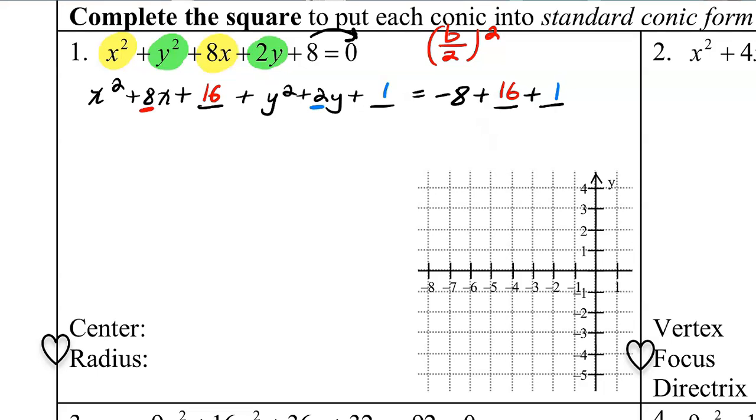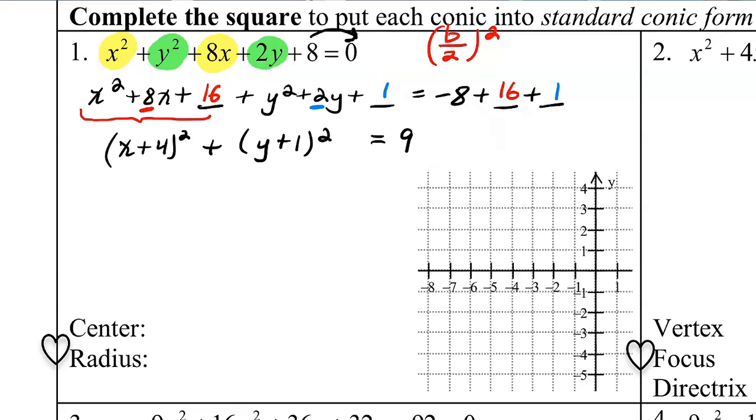Then we can simplify. The reason why we chose 16 here is so that when we factor it, we would get x plus 4 squared. We've made it a perfect square trinomial, and that means we can factor it into a binomial squared. And then the same thing with the y coordinates. So we have y plus 1 squared equals, looks like 9.